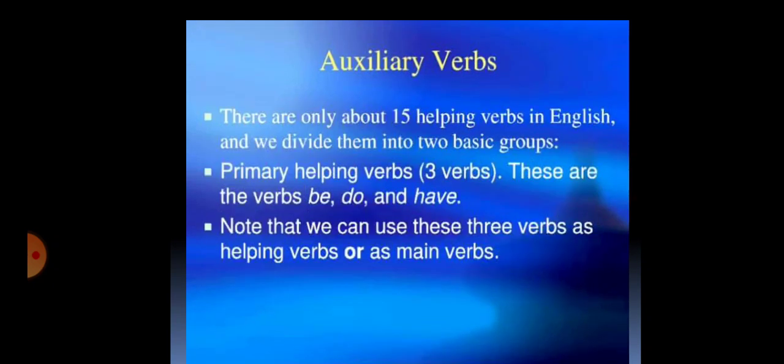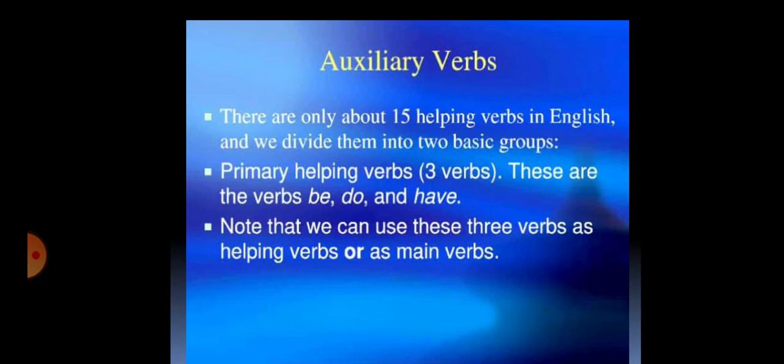Now, there are only about 15 helping verbs in English, and we divide them into two basic groups. First is primary helping verbs or primary auxiliary verbs, and the second is modal auxiliaries. So first we will take primary auxiliary verbs.